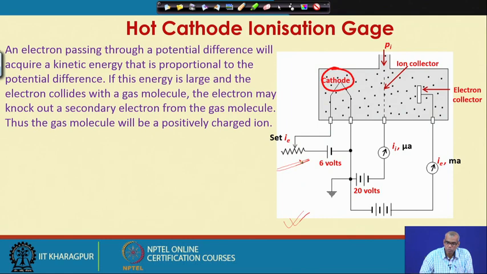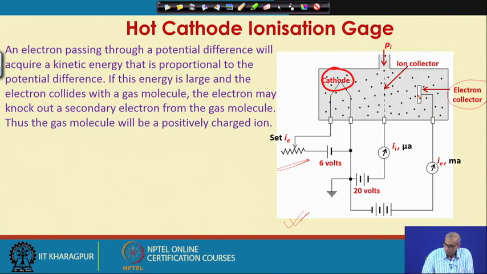An electron passing through a potential difference will acquire a kinetic energy that is proportional to the potential difference. If this energy is large and the electron collides with a gas molecule, the electron may knock out a secondary electron from the gas molecule, and thus the gas molecule becomes a positively charged ion. So, I have the cathode and I have the anode, which is the electron collector. This cathode is heated up to emit electrons, and those electrons go to the electron collector.